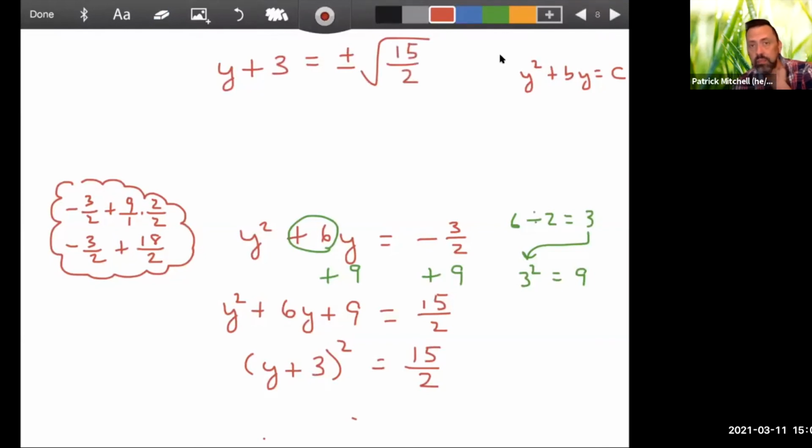Now, when we went over section 10.5, I very briefly mentioned that it's not considered simplified to have a whole entire fraction under a square root. You can rationalize the denominator. So I'm going to do that off to the side over here.